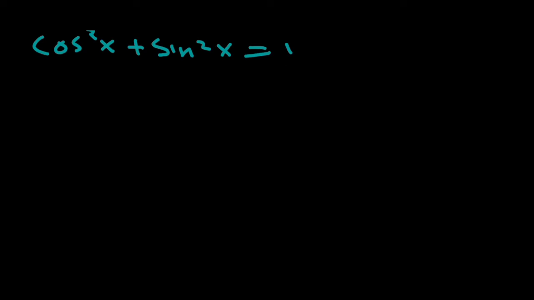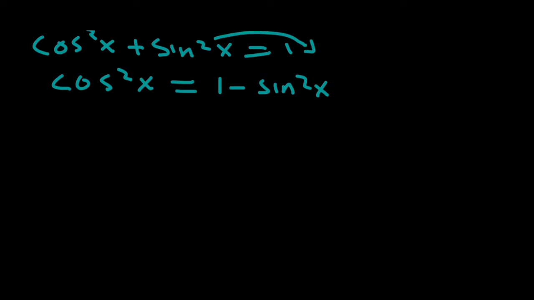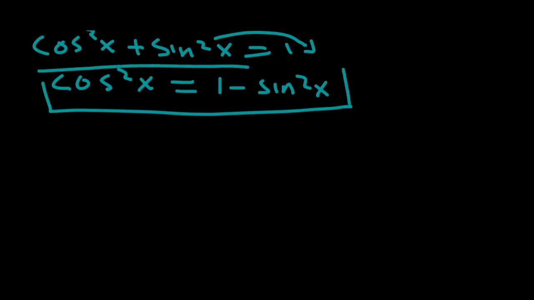Okay, so now we are going to make cos squared x the subject of the formula. So this one is equal to 1 minus sine squared x, when you bring this to the other side. Now what if we make sine squared y the subject?